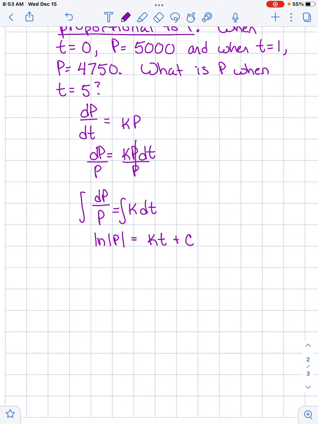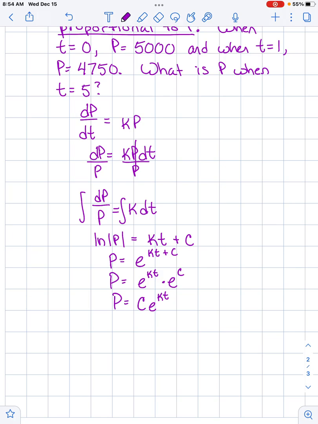All right, just like we did in the last example, I'm going to isolate P. So P is equal to e to the kt plus c. I'm going to separate this into e to the kt times e to the c. So really this is the original function, where c is some original constant, and k is the constant of proportionality.